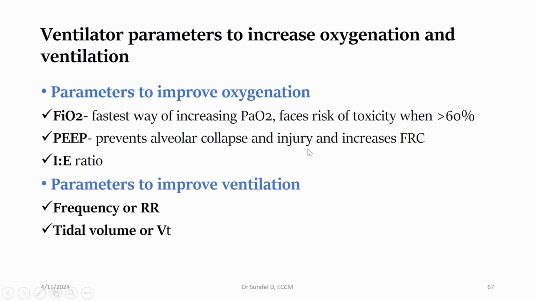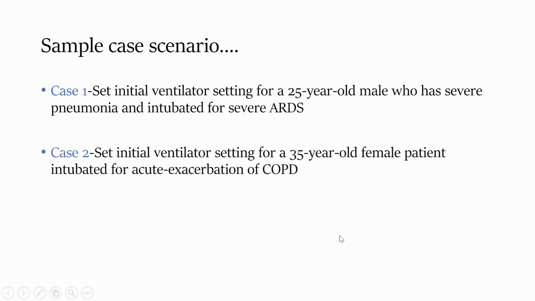Inspiratory to expiratory ratio should be 1 to 2 or 1 to 3. For a patient with COPD, you can set it at 1 to 4 or 1 to 5, so that you are allocating more time for expiration, so that air will not be trapped within the lungs of the patient. That's a very dangerous complication for a patient with airflow limitation, like COPD or asthma.